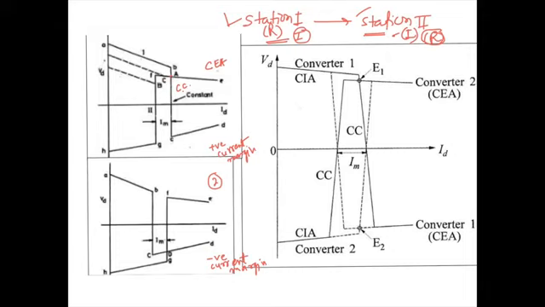The point of intersection of two characteristics, that is characteristic of inverter and the characteristic of rectifier, determines the operating point of HVDC link.